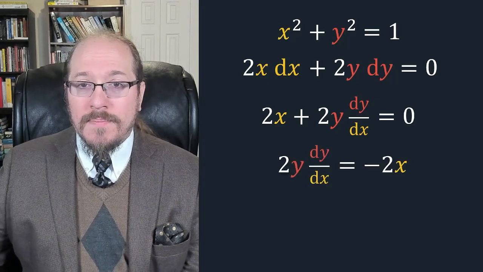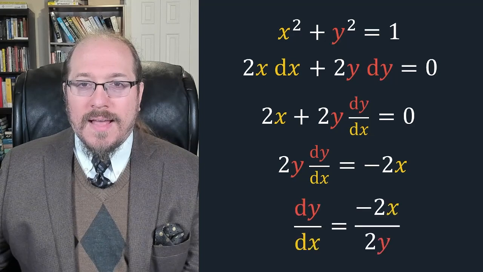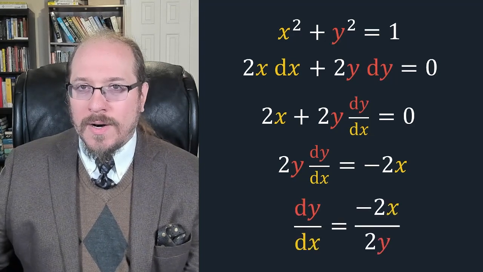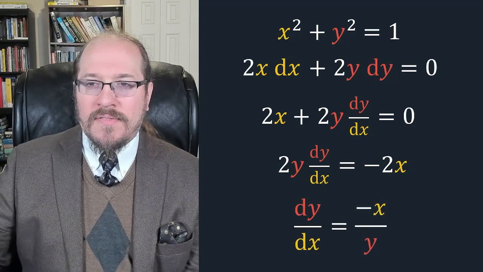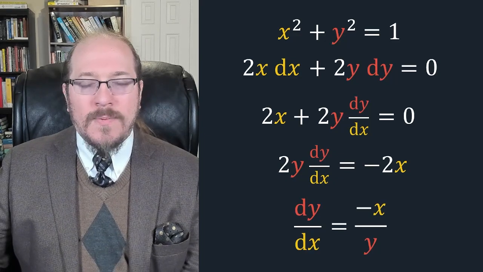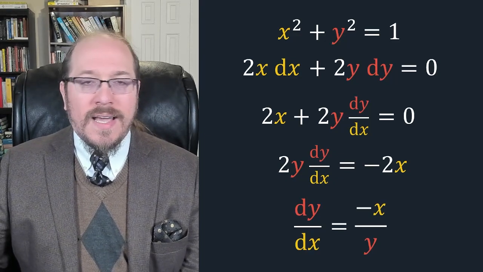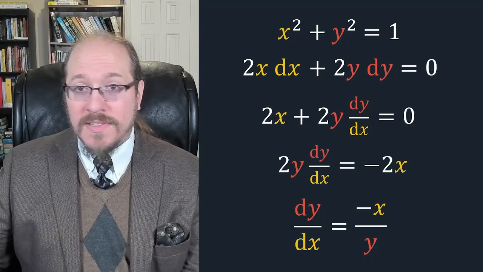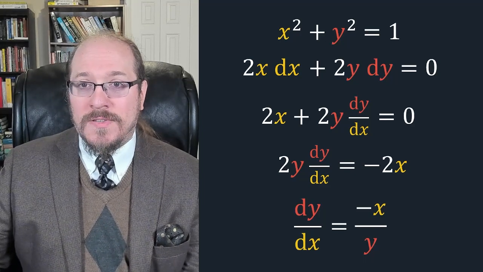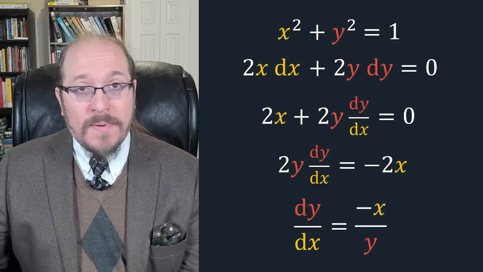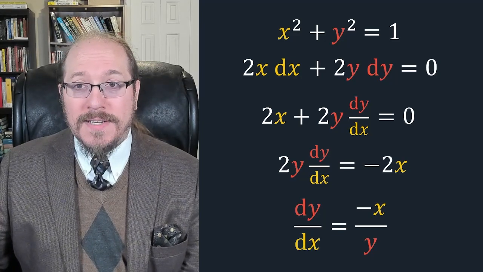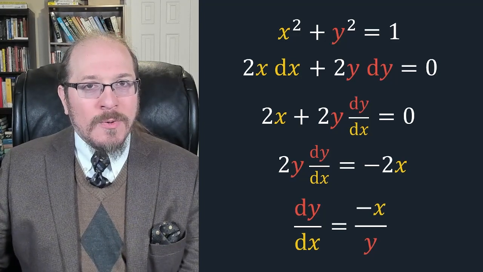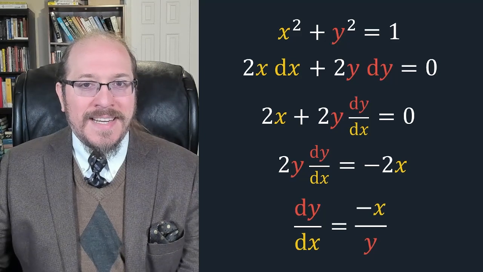If we subtract both sides by 2x, divide both sides by 2y, and simplify the fraction that we get, we end up with dy over dx equals negative x over y. That's a formula for the slope at any point of our circle, or more specifically, the slope of the tangent line at that point. No pesky square roots or plus or minus signs needed.